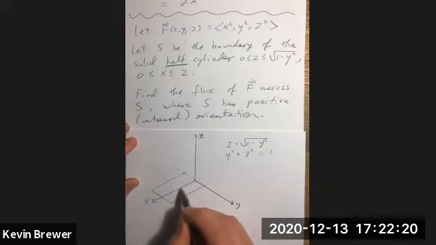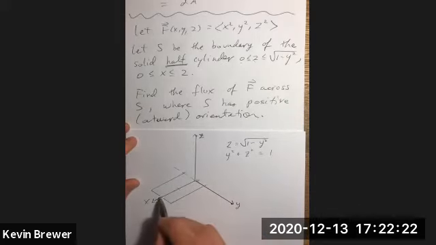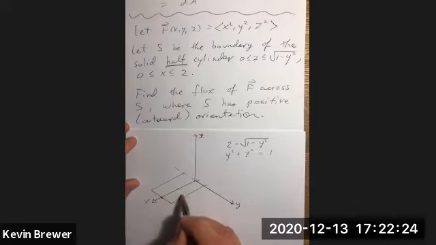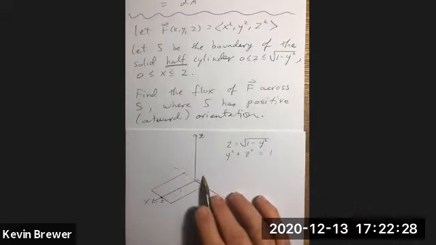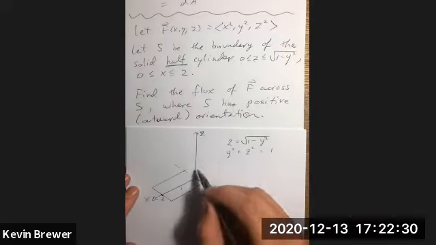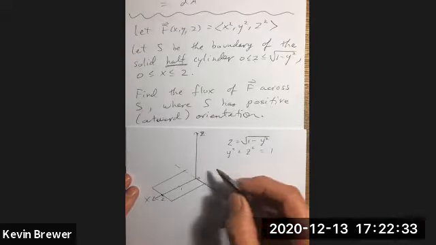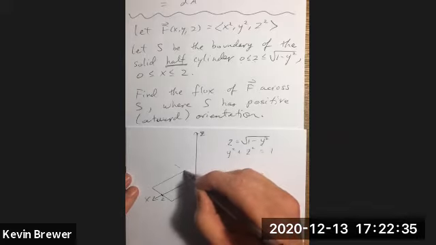So from 0 out to 2. And then I need to sketch some sort of a half cylinder, and this is where I need 3-dimensional abilities, which I don't have.